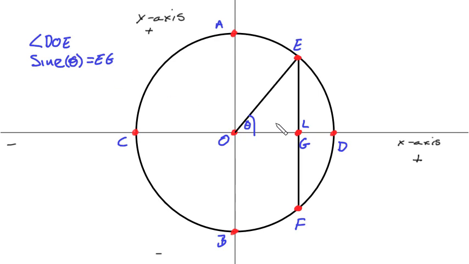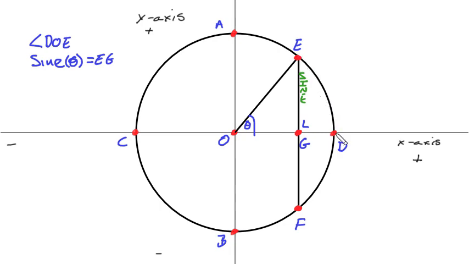So this angle DOE refers to the arc ED, okay? We know that this measures the number of degrees in the arc ED, and so the sine, which is this line here, is the line, one point of which touches one end point of the arc, and the other point of which is perpendicular to the diameter line passing through the other end point of the same arc, okay?